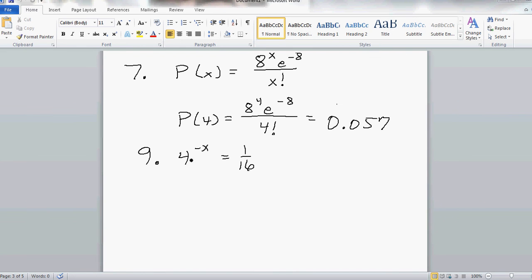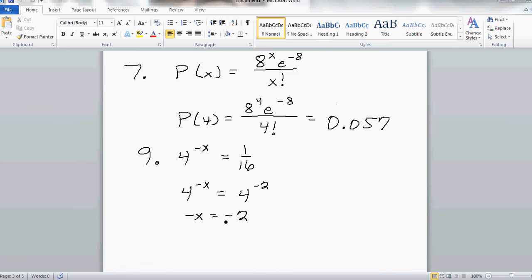So I look at this, I have 4 to the negative x and 1/16. I notice that each of these can have a base of 4. So the 4 to the negative x is going to remain, and 1/16 is 4 to the negative 2 power. Remember that the negative puts it down here in the denominator, and 4 squared is 16. So it's relatively simple to get to that point. Now that the bases are exactly the same, that means the exponents have to be equal.